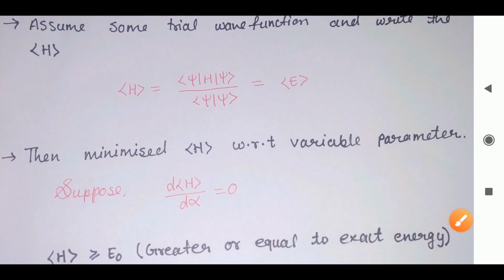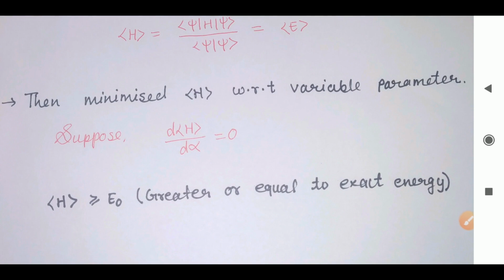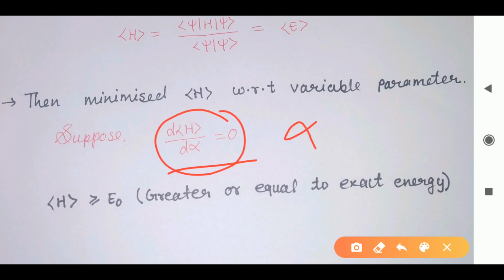Once we are done with this derivative part, we get the value of alpha. We are doing these steps to get the value of the variable parameter.